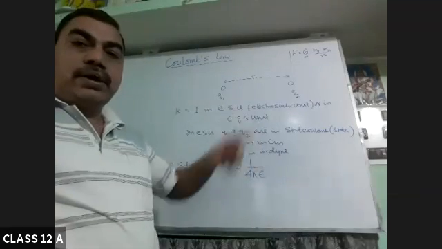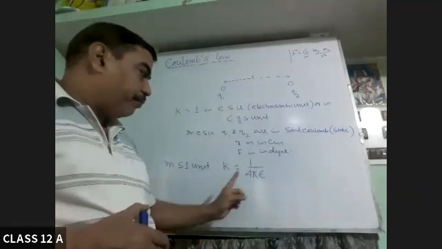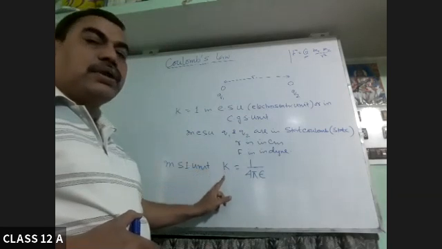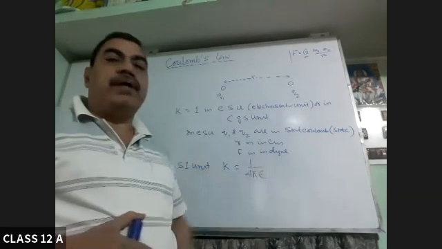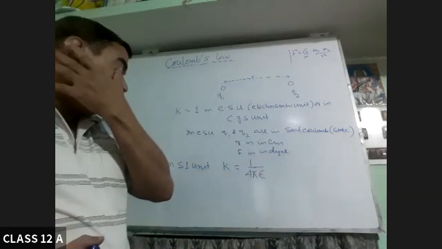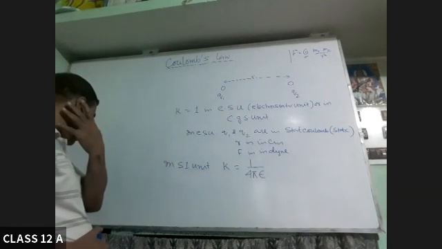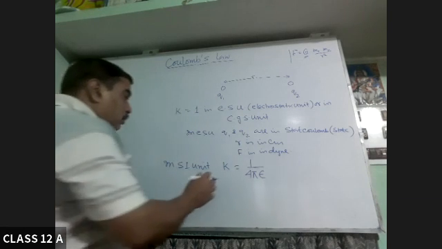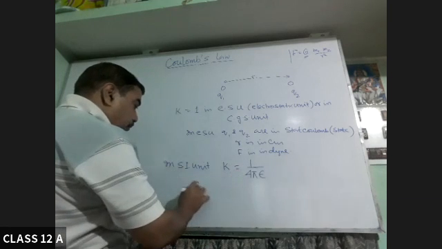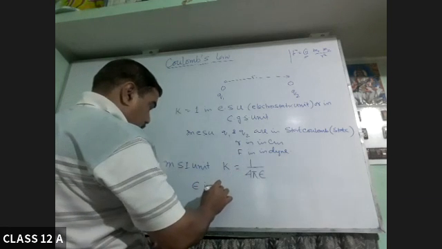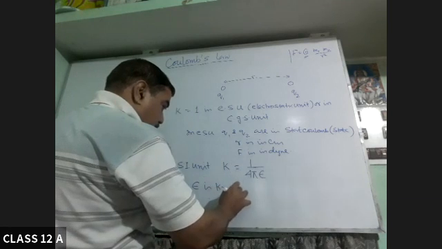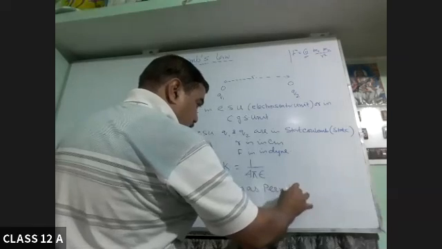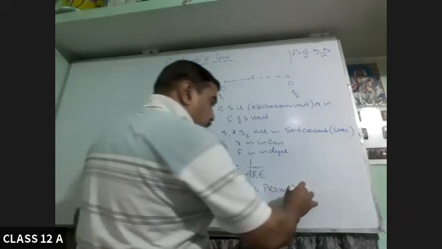As it is volume symmetric, 4 pi is also coming. That's why the constant we are giving is 1 by 4 pi epsilon. And epsilon we call permittivity of the medium.